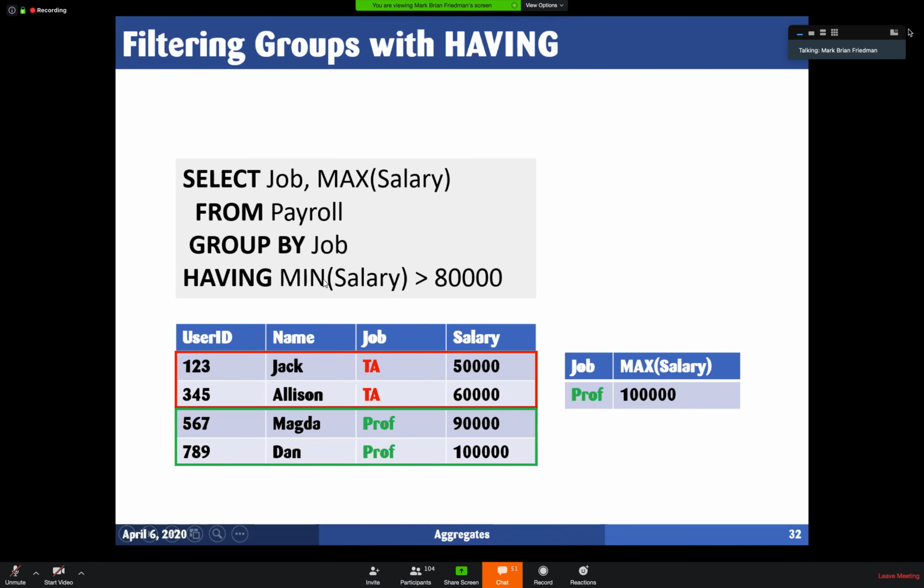And notice that this function is not pointing to the minimum salary for any one particular row, it's pointing to the maximum salary for the selection. So it's the maximum salary that's retained for the grouping, and that's where the selection is done.